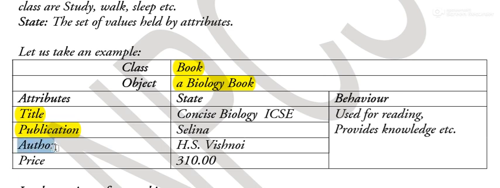These are all the attributes of the book class. And the values of title, Concise Biology, ICC; publication, Selina; author, H.S. Bisnoy; price, 310. These are all the state of the object.